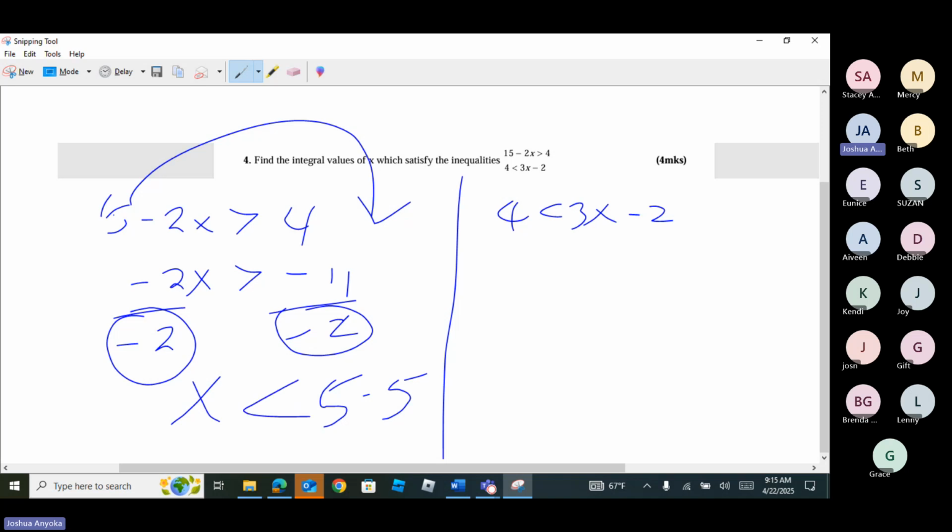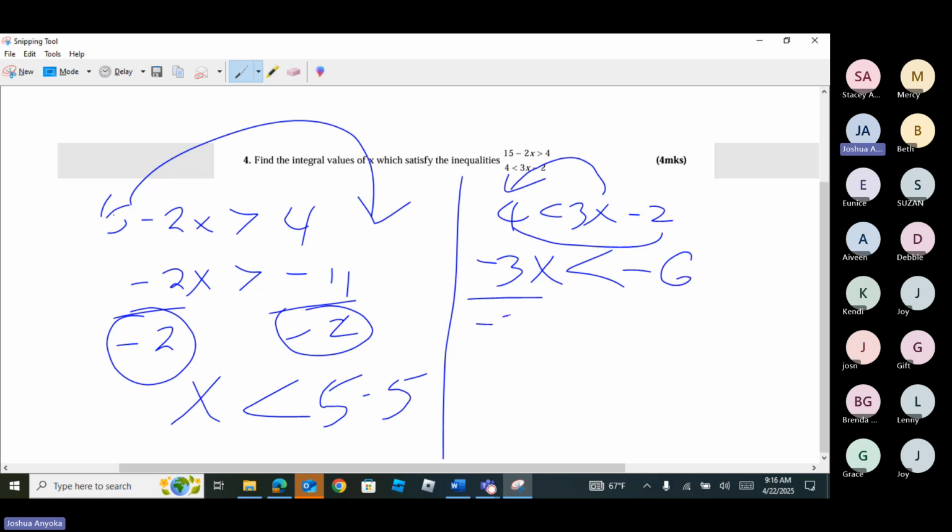In agreement? Yes. So we move to the second one. 4 less than 3x minus 2. Every time we tend to bring the unknown to the left hand side, so it becomes negative 3x is less than 4 to go to the other side, negative 6. Divided by negative 3, divided by negative 3.